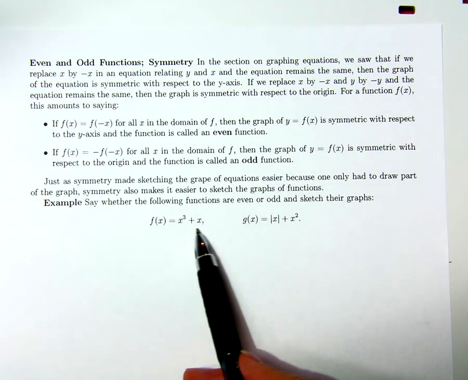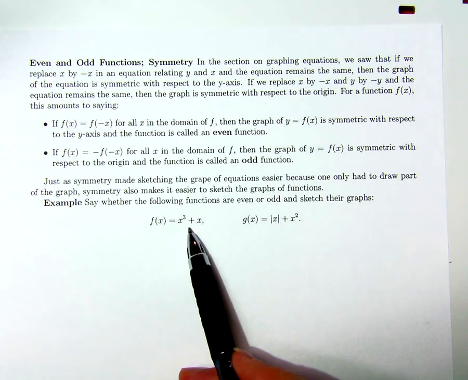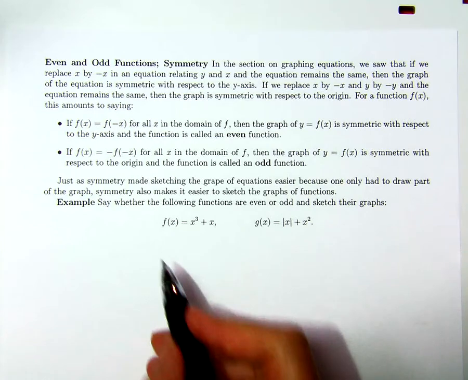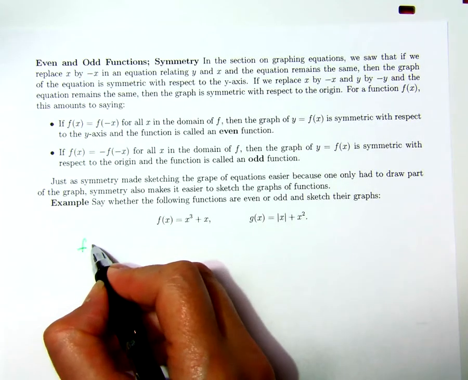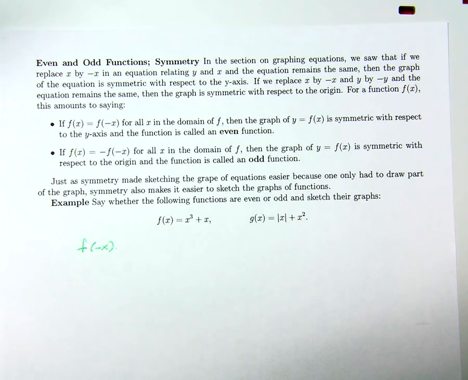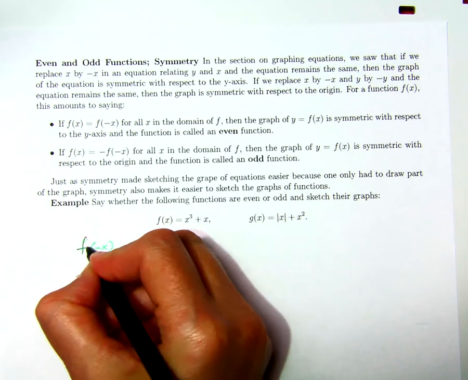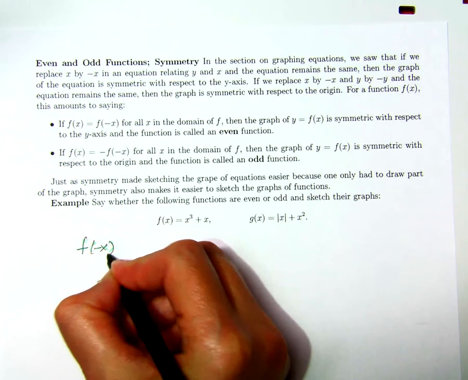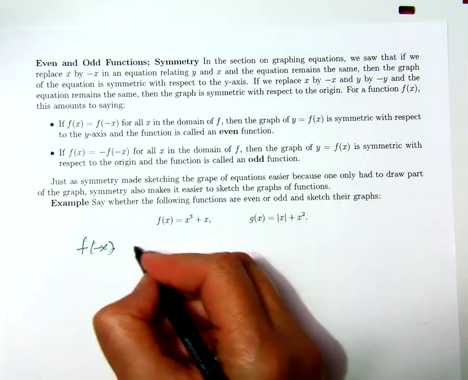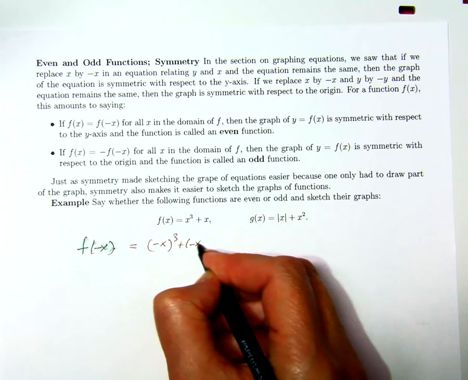So let's see if we can identify whether this is either even or odd, and if that'll help us to graph the function. So let's see what happens when we replace x by negative x here. Let's do that with a black pen as opposed to a green one. So f of negative x here is negative x cubed plus negative x.